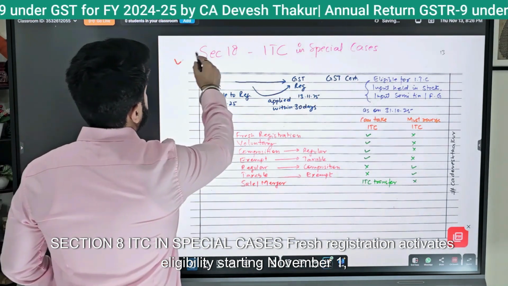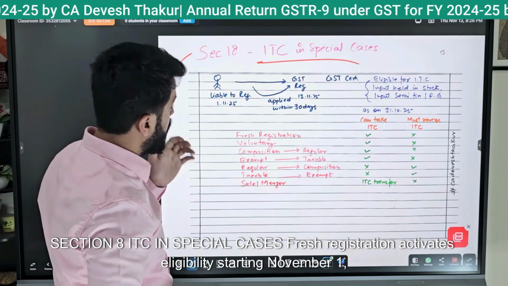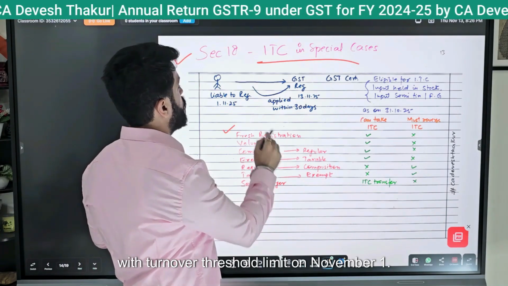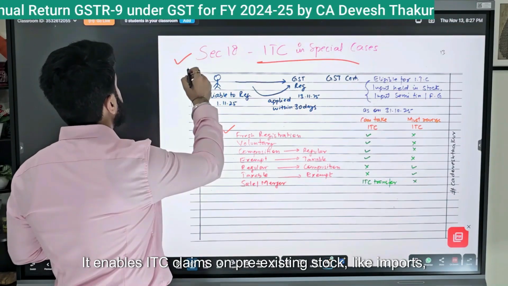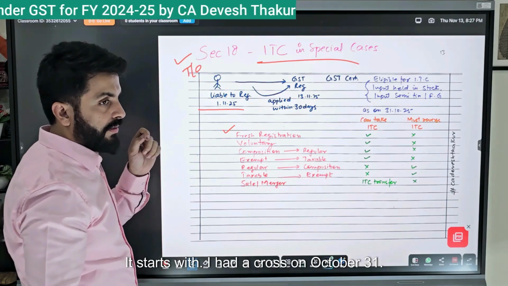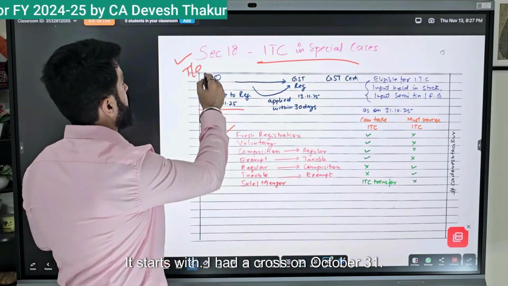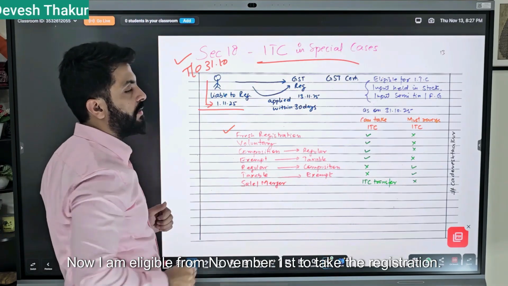Section 18, ITC in special cases. Fresh registration activates eligibility starting November 1st, with the turnover threshold limit crossed. It enables ITC claims on pre-existing stock like inputs, semi-finished goods and finished goods. I had crossed the limit on October 31, now I am eligible from November 1st to take registration.